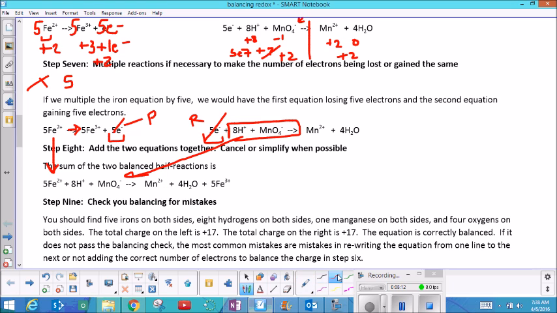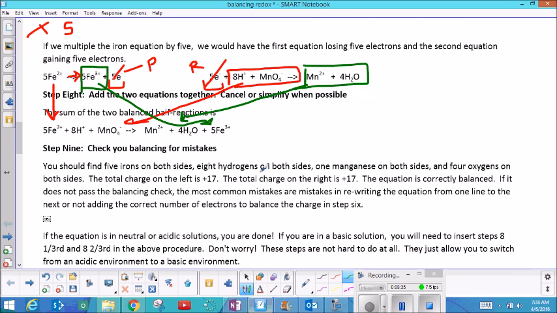And then I take everything that was a product, 5 Fe+3, that's right here, and my Mn+2 and 4 water. So my reactants yields my products.